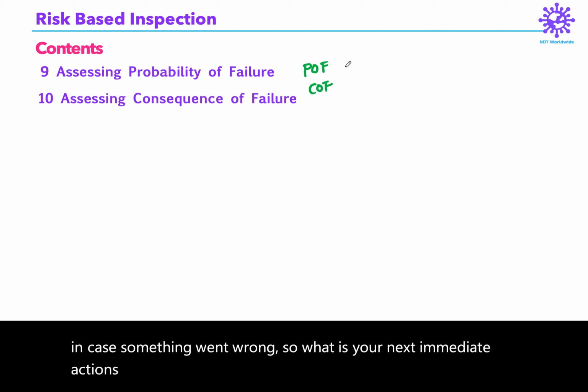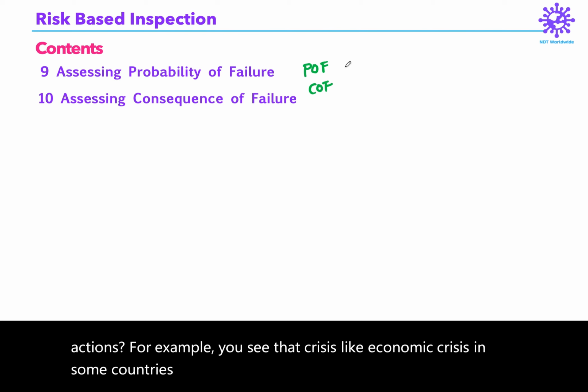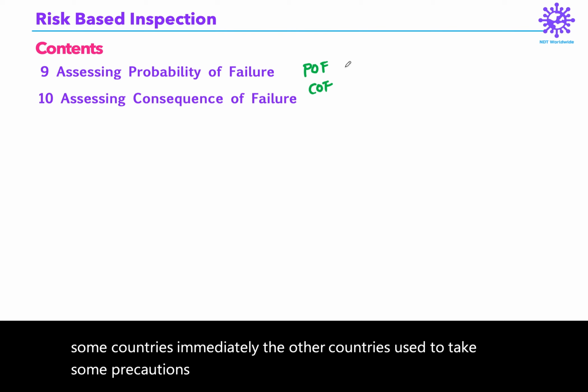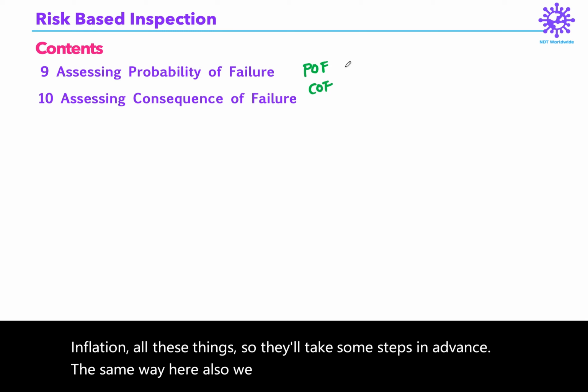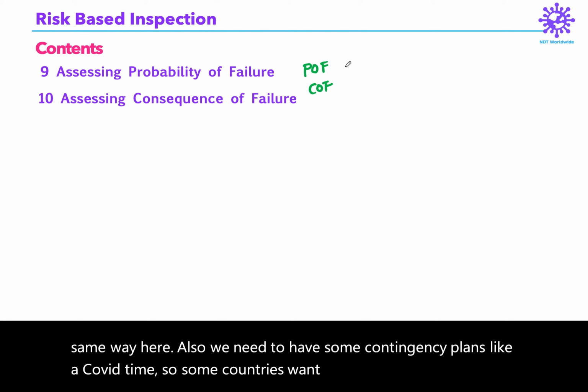For example, you see an economic crisis in some countries, and immediately the other countries take some precautions to avoid inflation and all these things. They take some steps in advance. The same way here also, we need to have contingency plans, like during COVID time. Some countries just ignored it in the beginning.